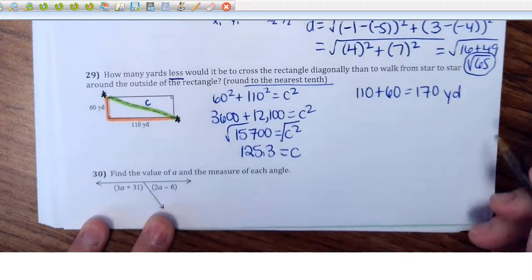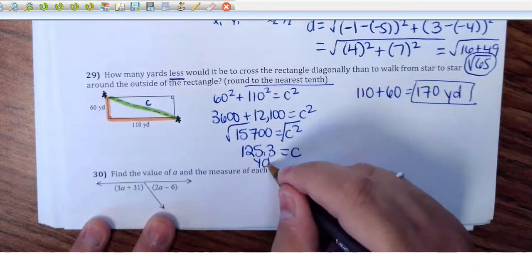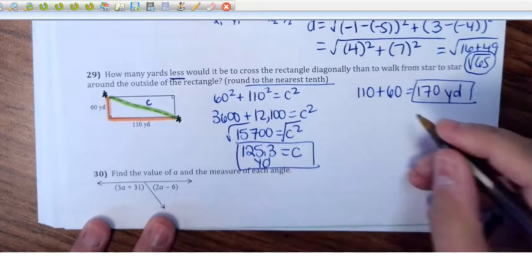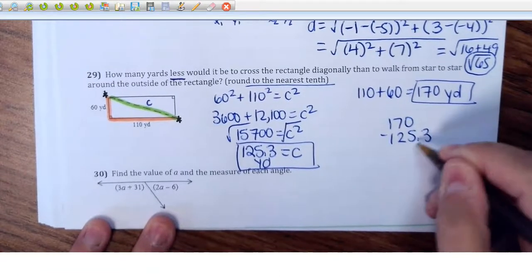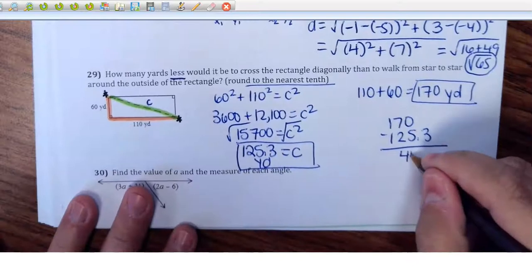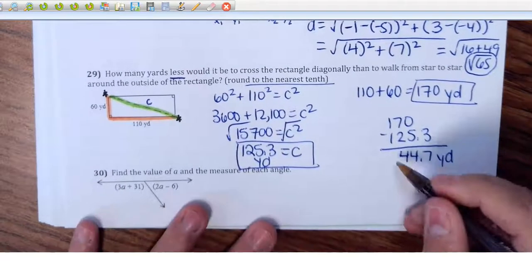So if we walk around the outside, it's going to be 170. If we cut across diagonally, it's 125.3. So to get the answer to this question, we've got to subtract those real quick. So it's going to be 44.7 yards would be the difference. And that would be what I'd be looking for as the answer there.